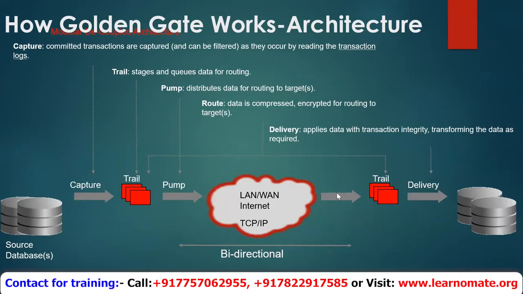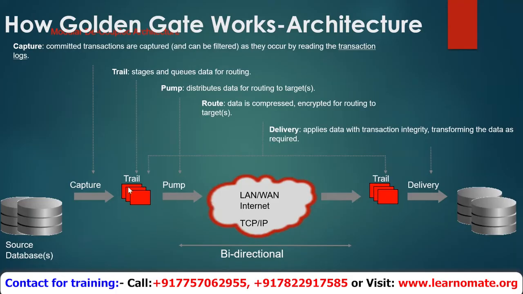There is one collector process which runs in the background. The pump process sends the data over the TCP/IP network, and the collector process on the target collects it and then writes it to the remote trail file. You don't see this collector process because it's a background process.